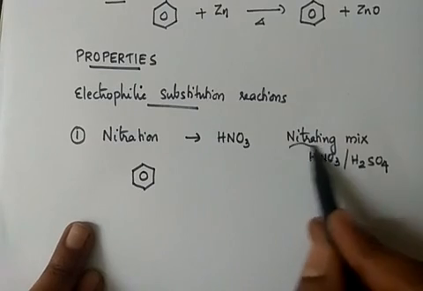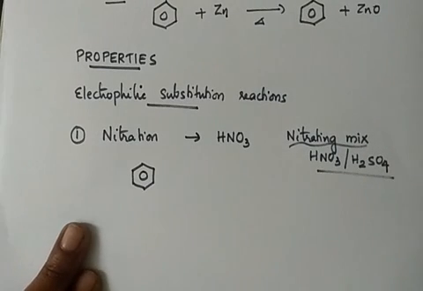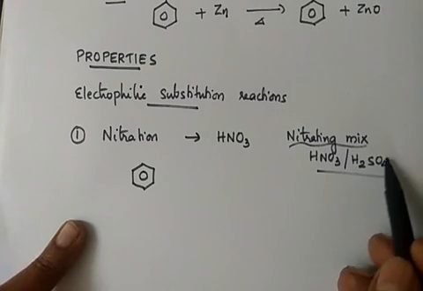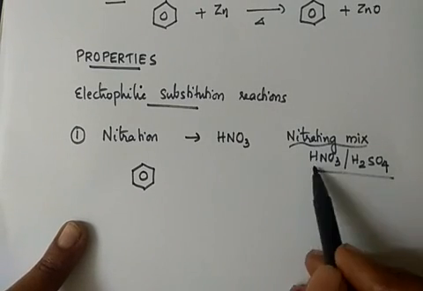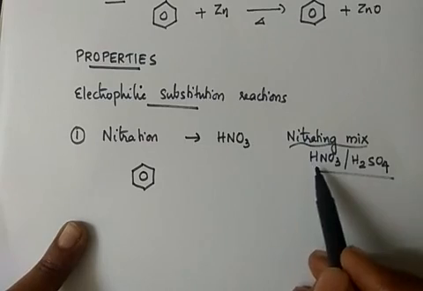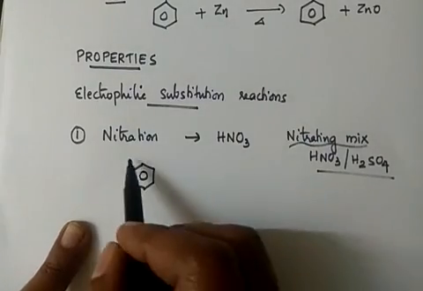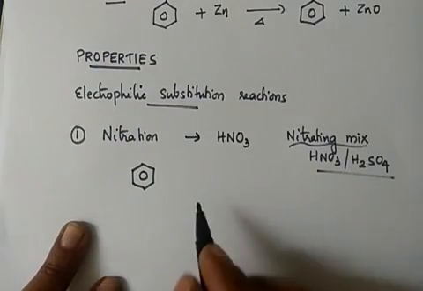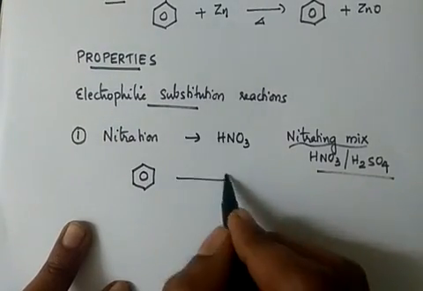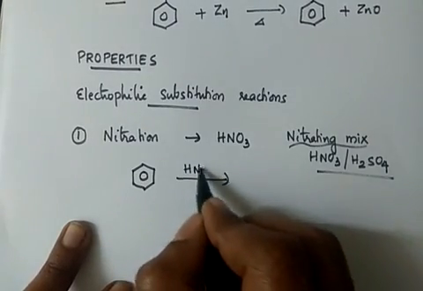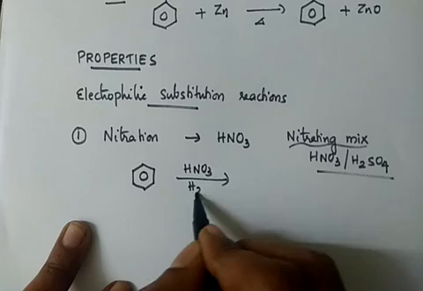Nitrating mixture is a mixture of concentrated nitric acid and sulfuric acid. Here sulfuric acid provides a medium and nitric acid reacts with the compound, and hence the process is called nitration. Benzene, when nitrated, reacts with HNO3 and H2SO4.